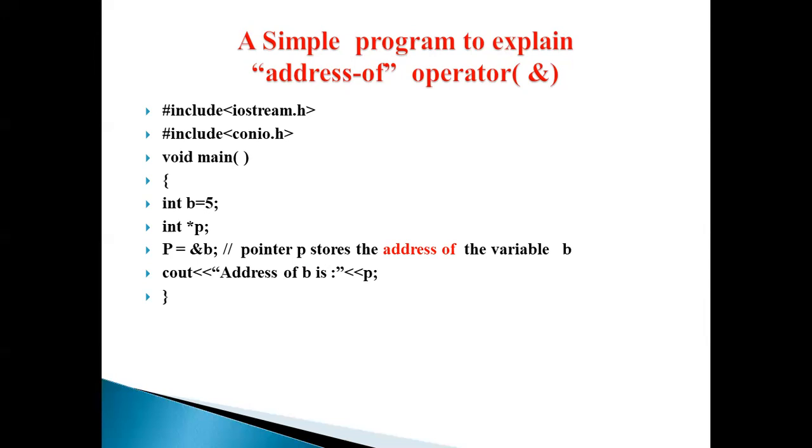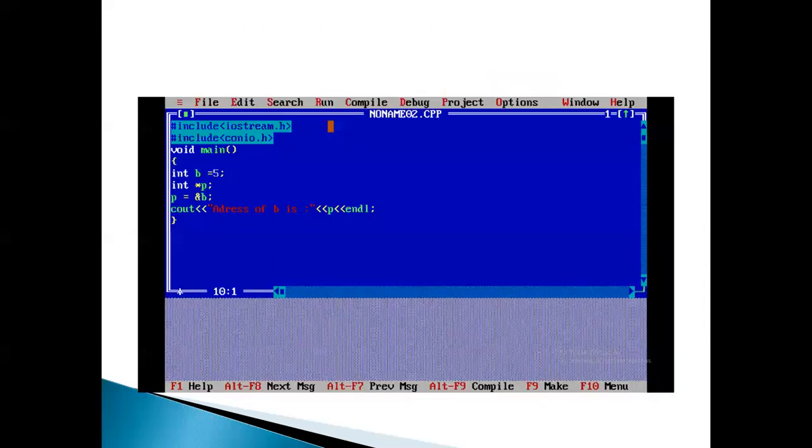Pointer p stores the address of the variable b. See what the address of b is. Here the address of the variable b will be displayed. See the program, and this program displays the address of the variable b.